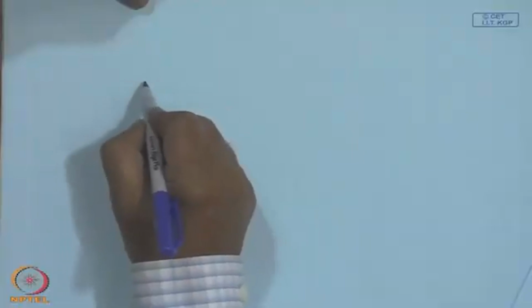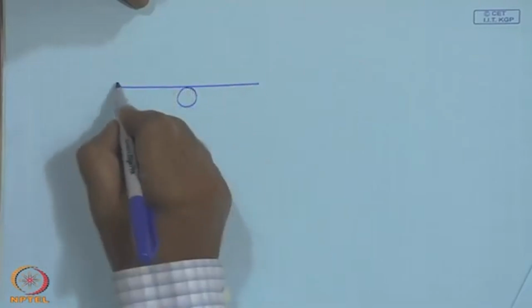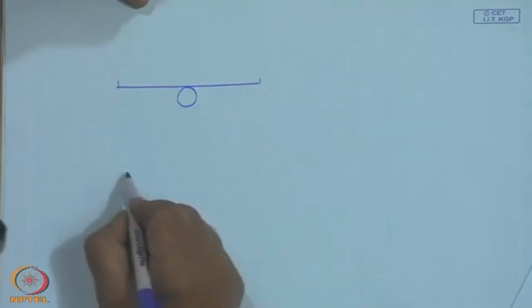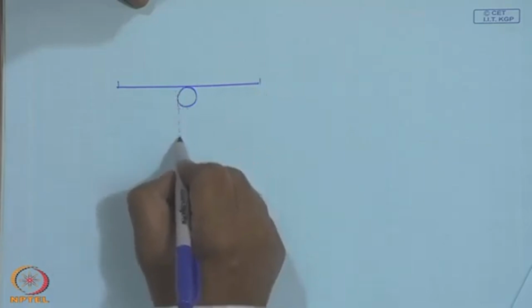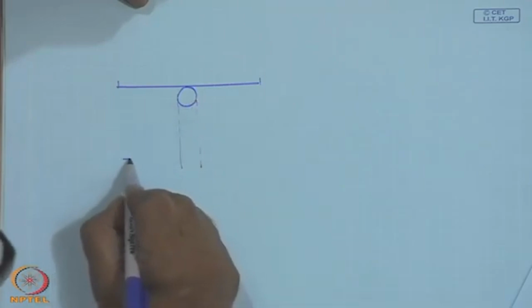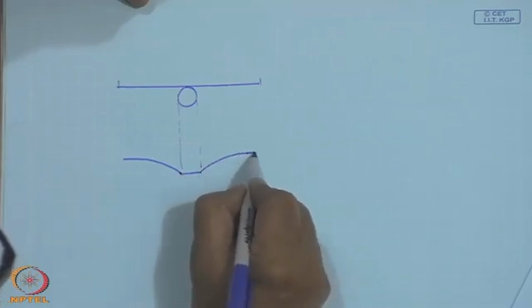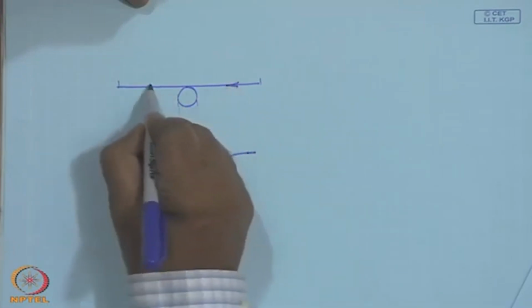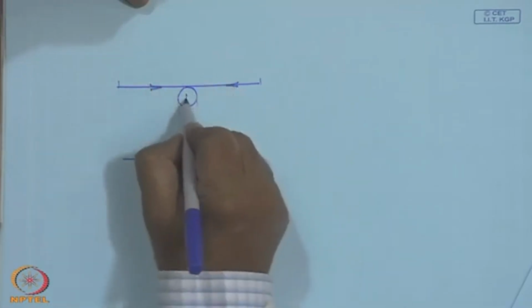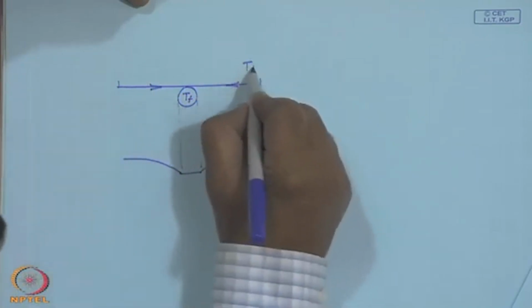And if we plot the temperature in the x direction, heat is flowing towards the tube, which is at T f, which is lower than T p.